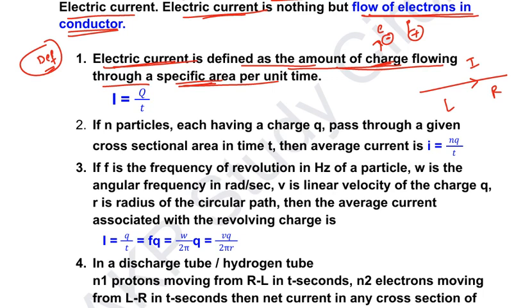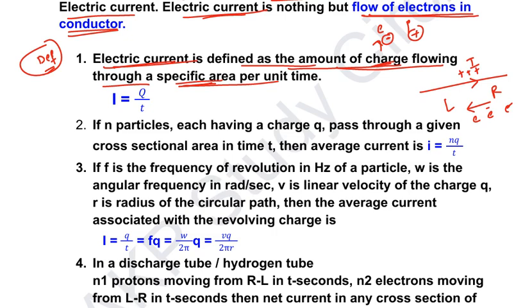This will be opposite to the electron direction. The current direction and the proton direction will be the same, from left to right.